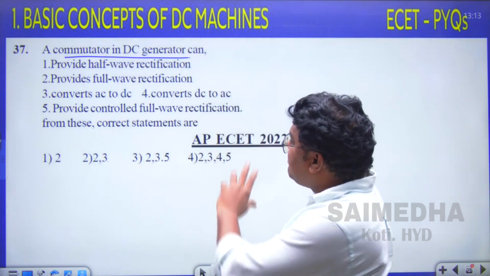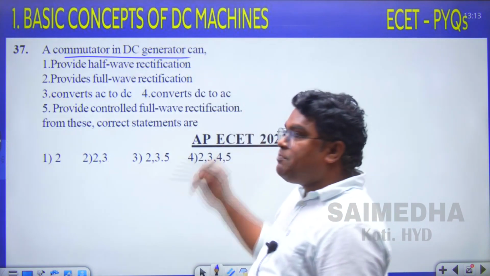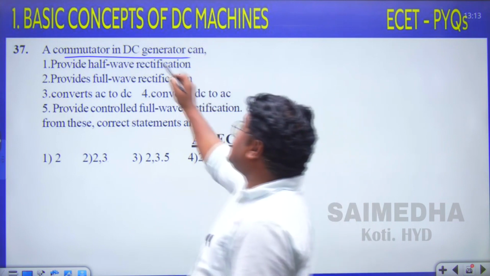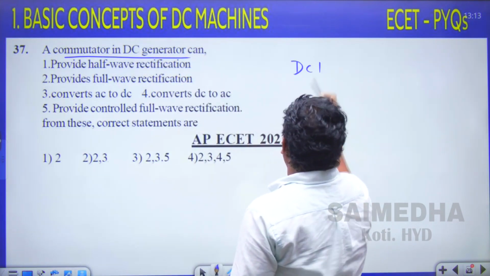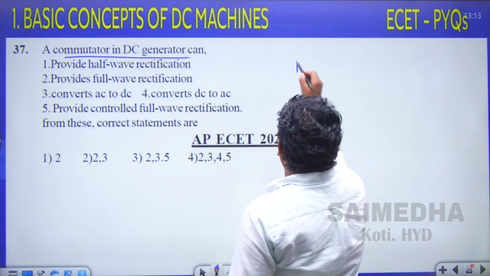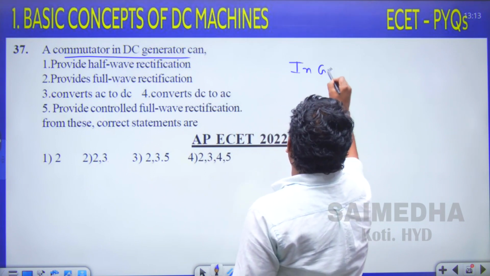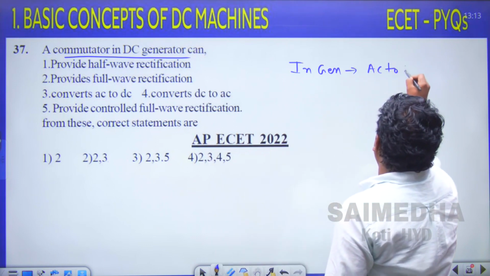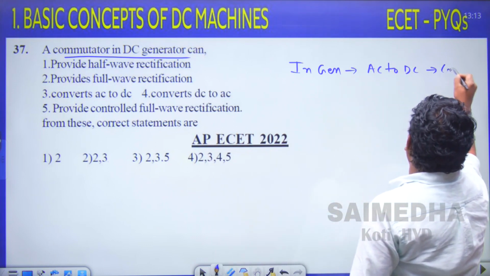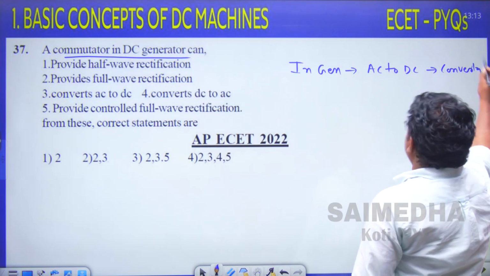If a DC machine is given, we need to select from both motor and generator points of view. Especially from the generator point of view, it converts AC to DC, acting as a converter. This is the first function.